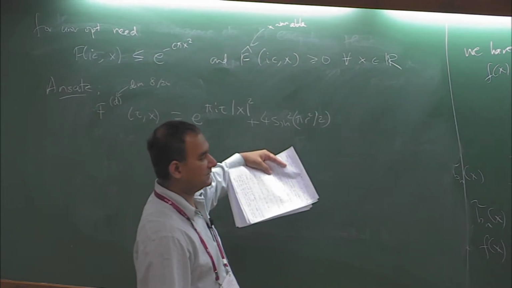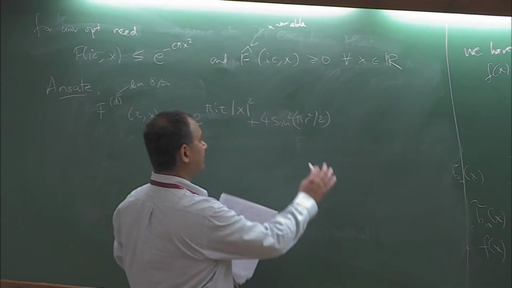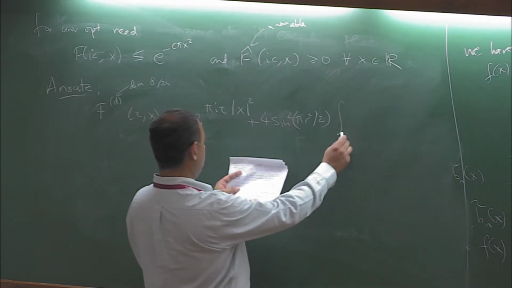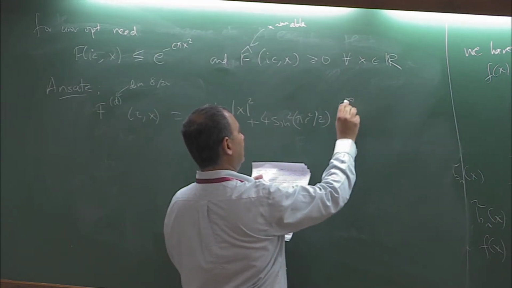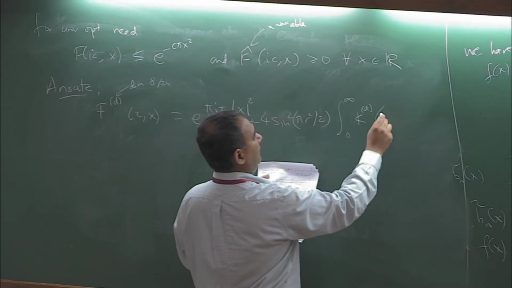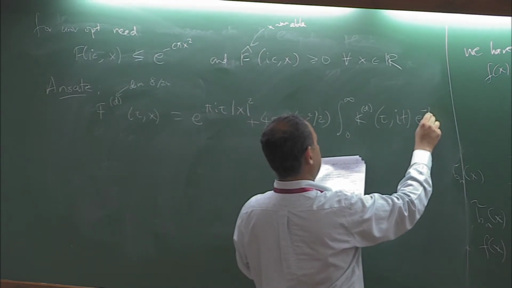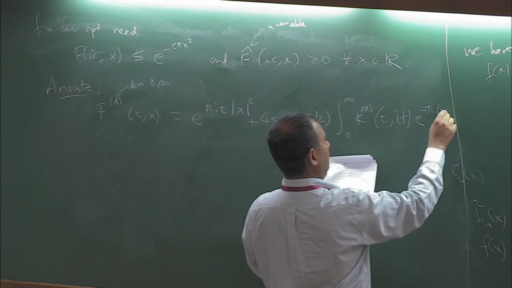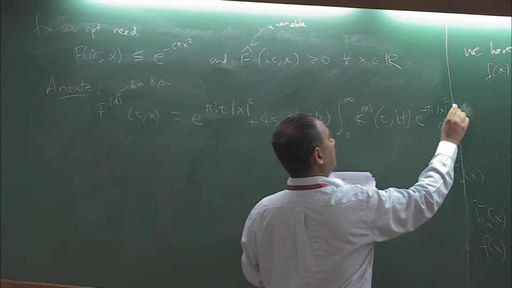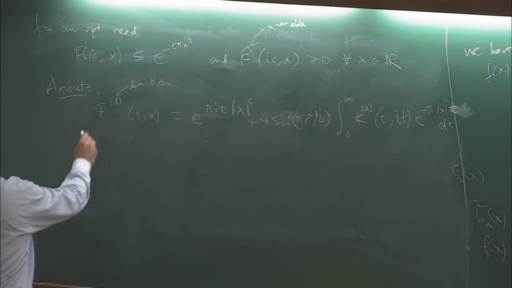F itself is a linear combination of them, so it's going to be an integral, but there's some amount of switching the sum and taking out poles, and that's why you get this extra term, from 0 to infinity of the generating function of those things, which is the kernel, tau i t e to the minus pi x squared t dt.